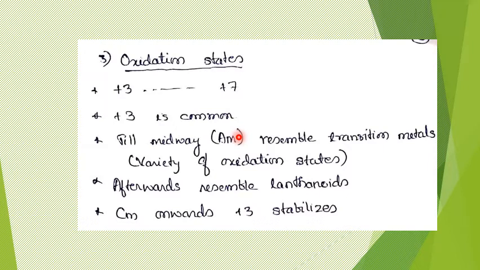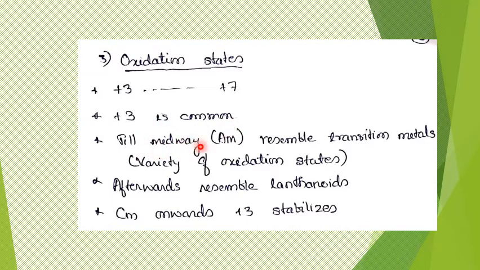Americium and californium almost fall in the middle of the series. Just like in the case of the 3d series, up to Mn you can find oxidation states up to +7. So the number of possible oxidation states goes on increasing till midway. The same trend is observed here.